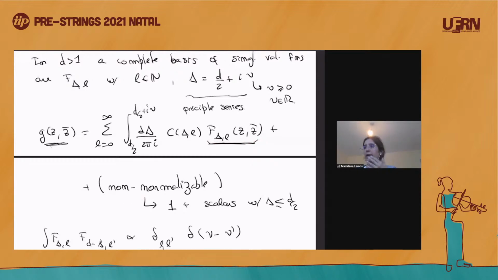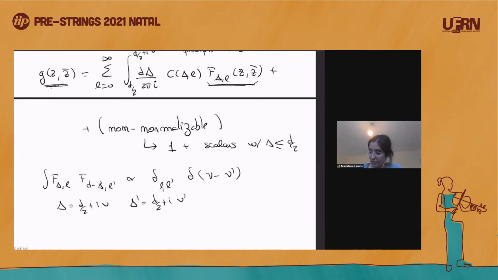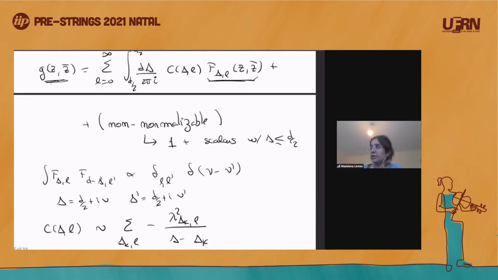Now I can go between one and the other. And to go between one and the other, we see that C delta L, this function that I put here, should be something that has poles where the physical operators are.